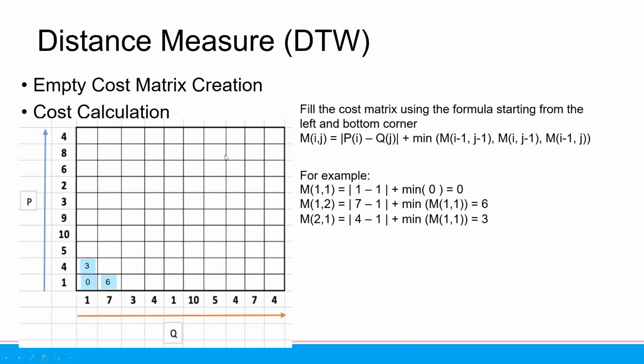Next is M2,1. M2,1 means we want to check here.